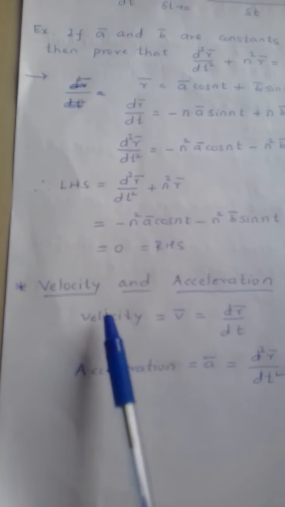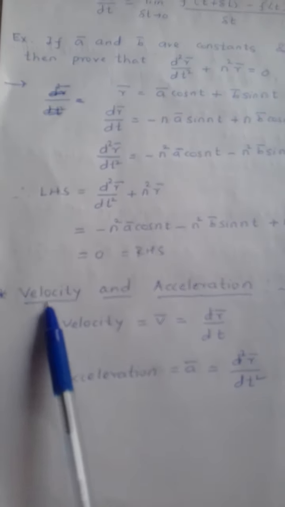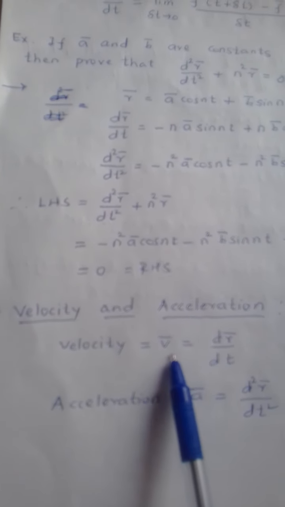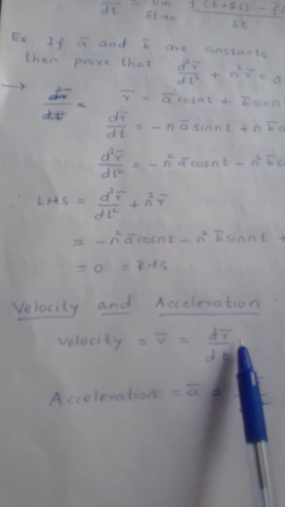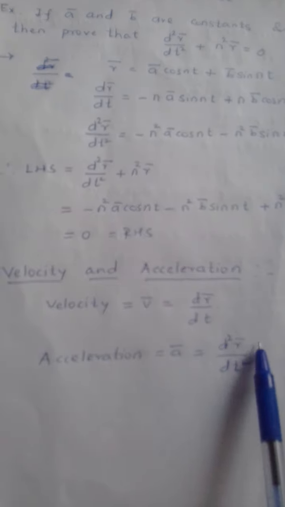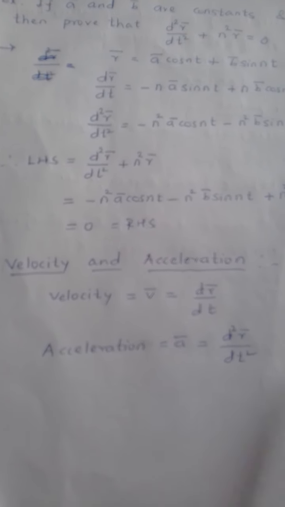Now the next basic concept is velocity and acceleration. Velocity v bar equals dr bar by dt, and acceleration a bar is d2 r bar by dt square.